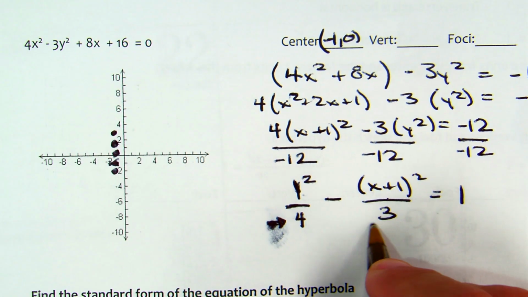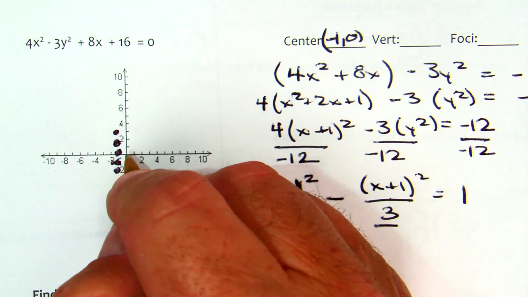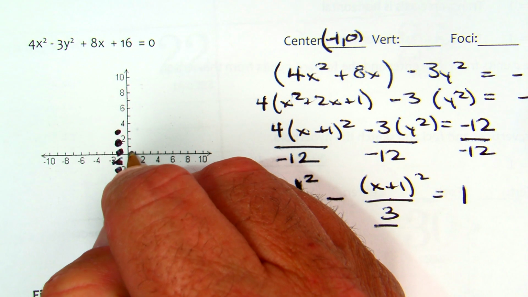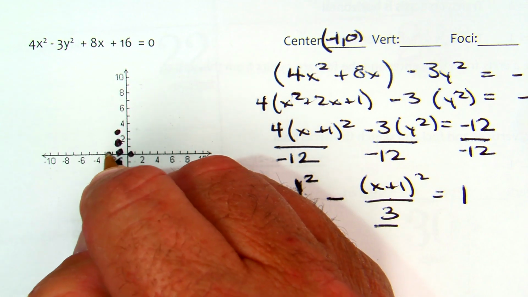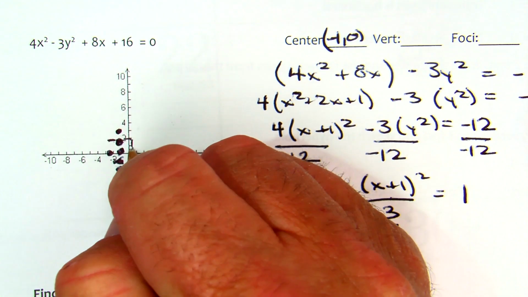Now, I'm then going to look at my other fraction, which is 3. I'm going to estimate the square root of that, which is about 1.7. So I'm going to go over about 1.7 in both directions. I'm going to estimate it. I'm then going to make my box.